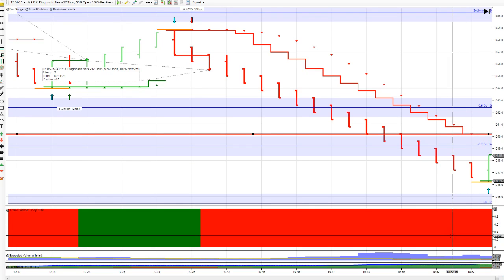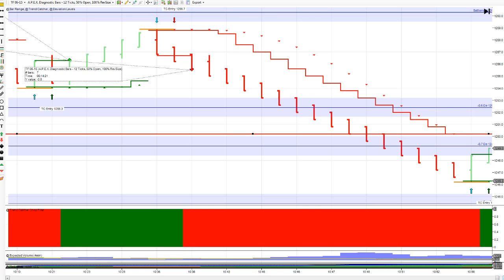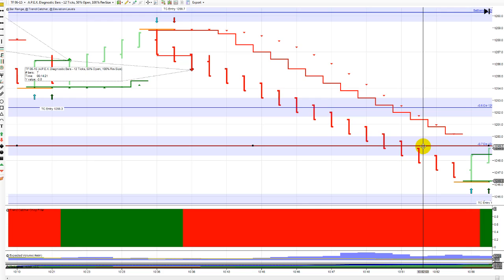All right. So now we got a long trend catcher with a short chop flip. Can we get in the trade? No. Now, can we get in the trade if it breaks a tick above the high of this bar? Yes. So we need to move our stop down, right?